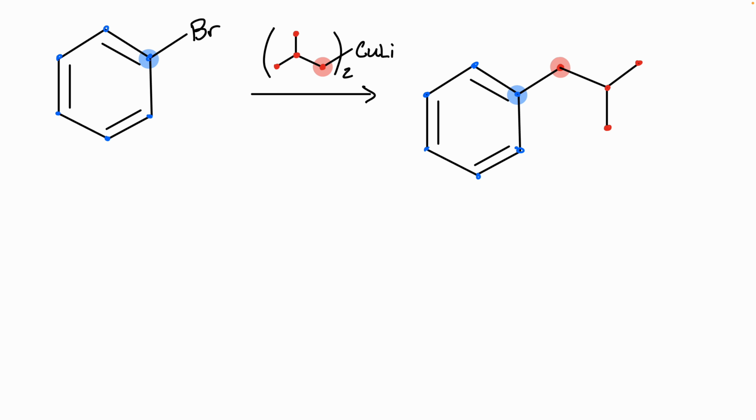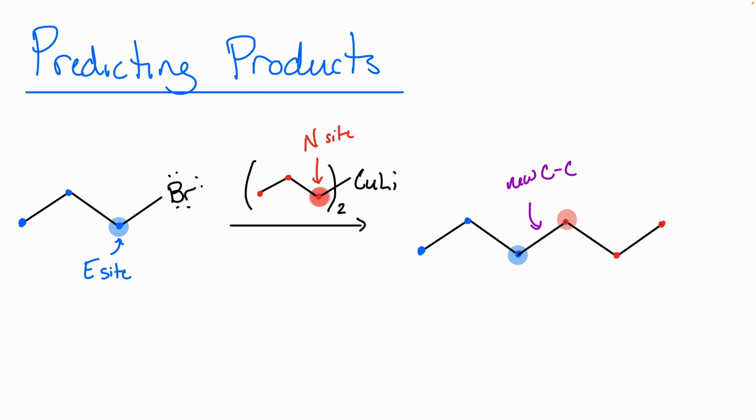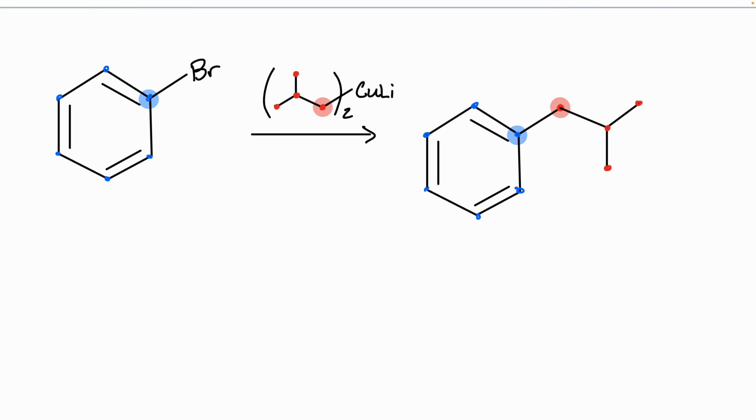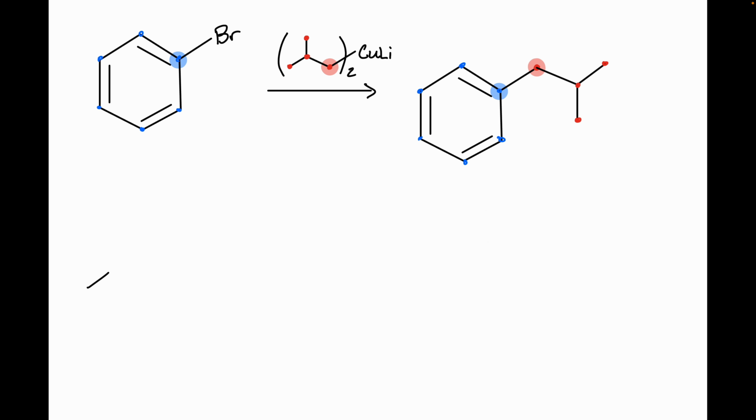All right, so this, we can attach our halogen to an sp3 hybridized carbon, so an alkyl halide, we can attach it to an sp2 hybridized carbon. We can even have an alkenyl halide, right? And that will work just as well. Specifically, if we have an alkene, though, we have this potential for stereospecificity.